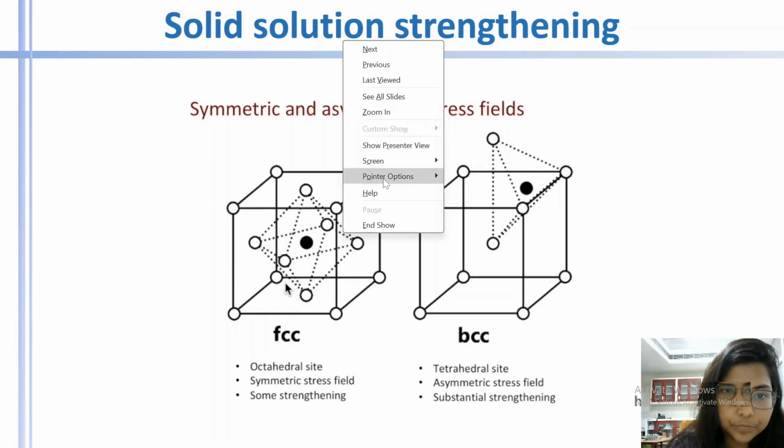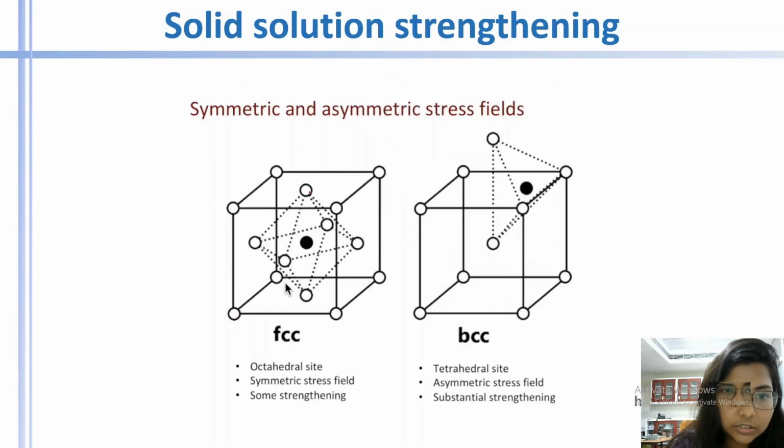Here the octahedral site is formed by these: these four are in plane, this is 1, 2, 3, 4, and these two are out of plane, 5 and 6. So this is the octahedron and this is the octahedral site, and here this is the tetrahedral site, right?